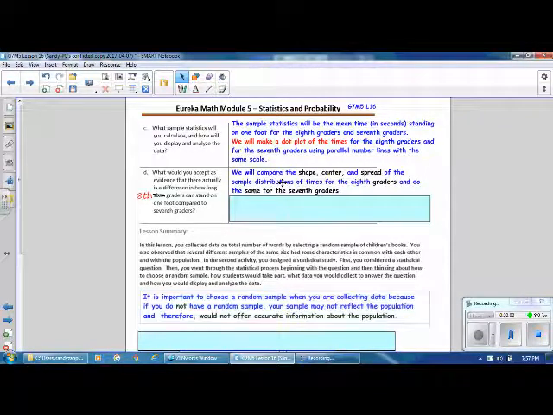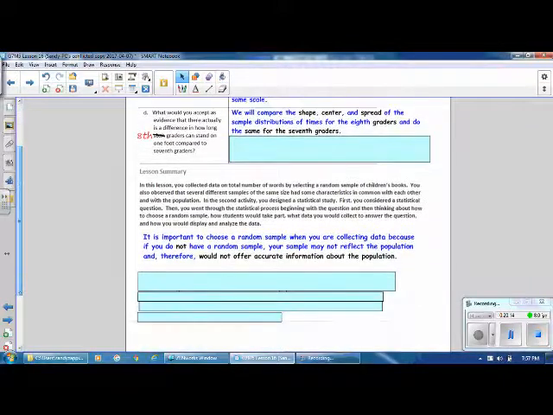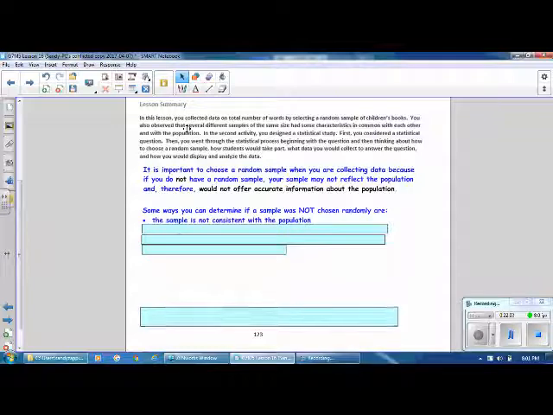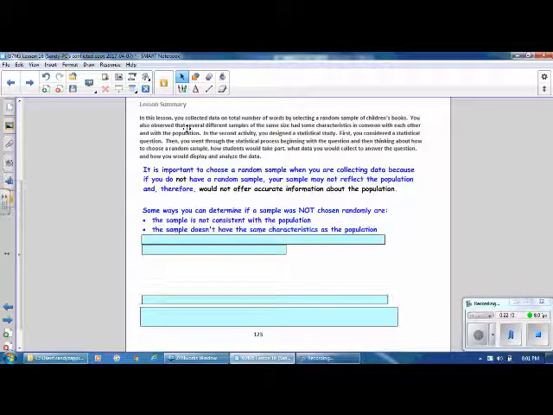It's important to choose a random sample when you are collecting data because if you do not have a random sample, your sample may not reflect the population and therefore would not offer accurate information about the population. Some ways you can determine if a sample was not chosen randomly are: the sample is not consistent with the population.